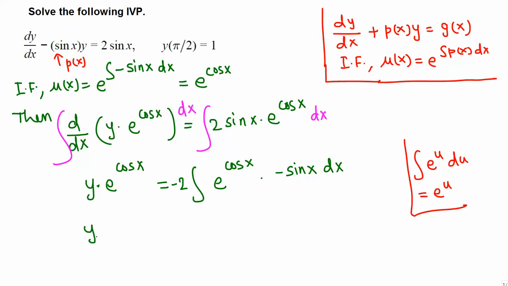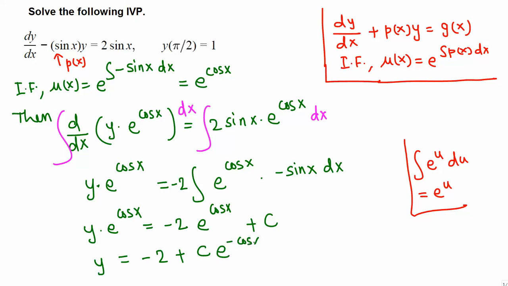Then we get y times e raised to cosine x is equal to negative 2 times the antiderivative of e^u du, which is just e^u, so e raised to cosine x plus c. Now we divide by e raised to cosine x to isolate y. So y equals, dividing the right hand side by e raised to cosine x, so it's cancelled, negative 2 plus c divided by e raised to cosine x, which is the same as e raised to negative cosine x.